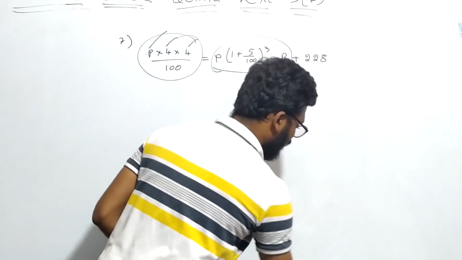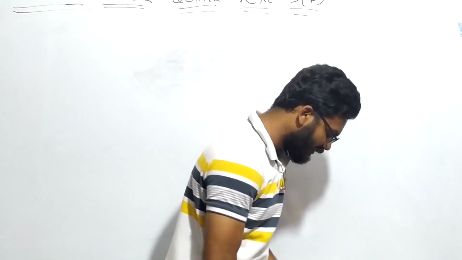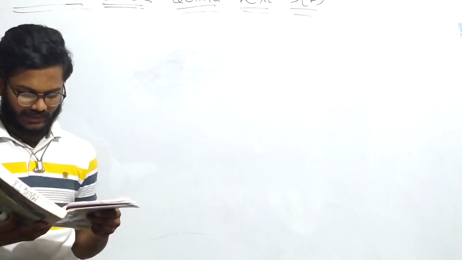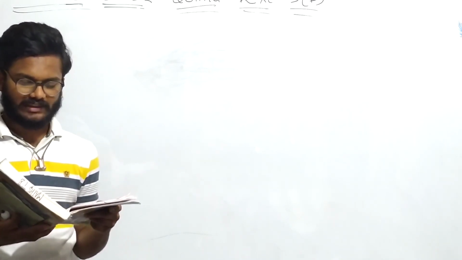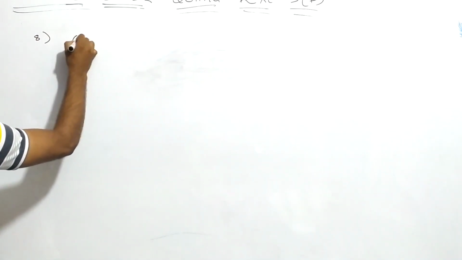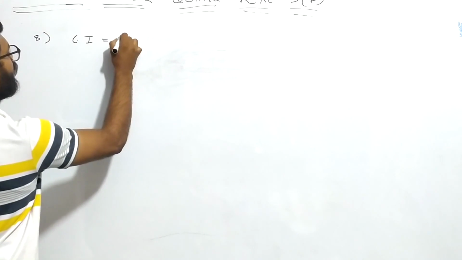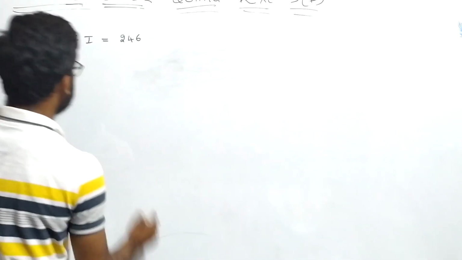Next, moving on to the eighth problem. See what it is. The compound interest on a certain sum of money at 5% per annum for 2 years is 246. So let me write the certain sum as P, since we don't know it.